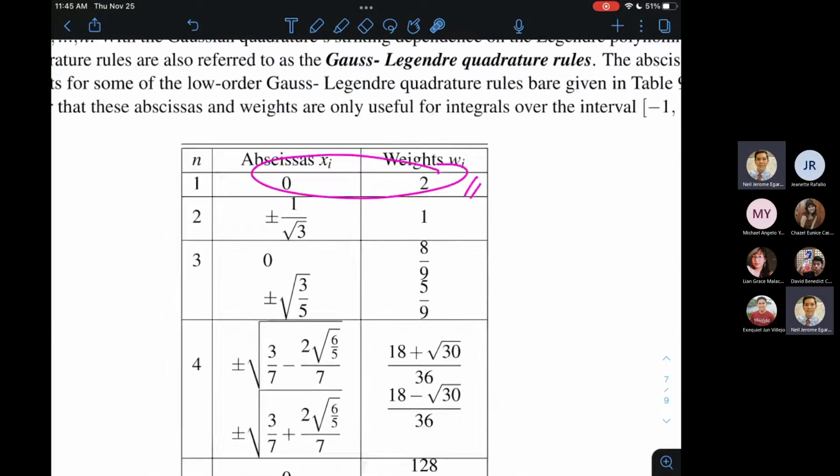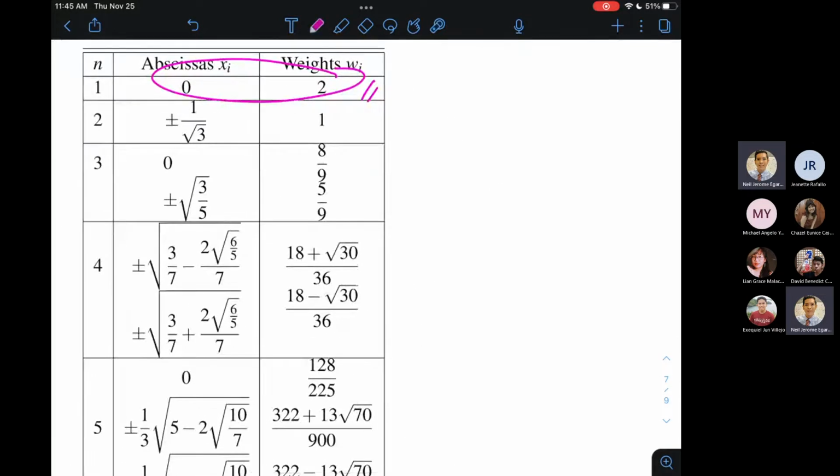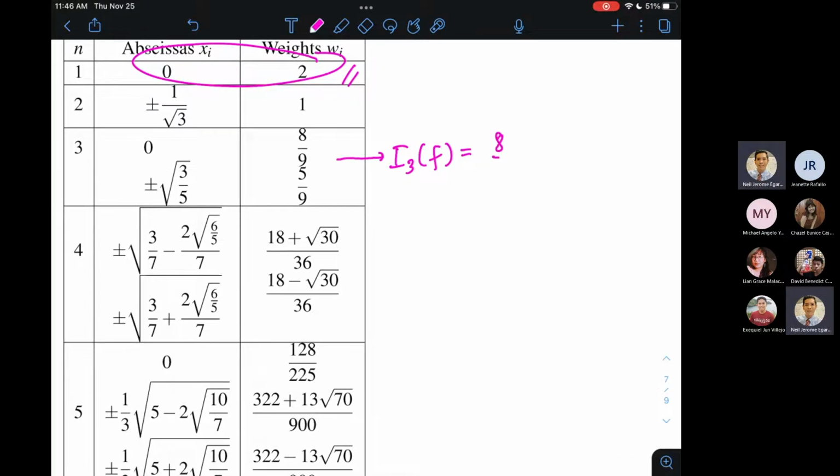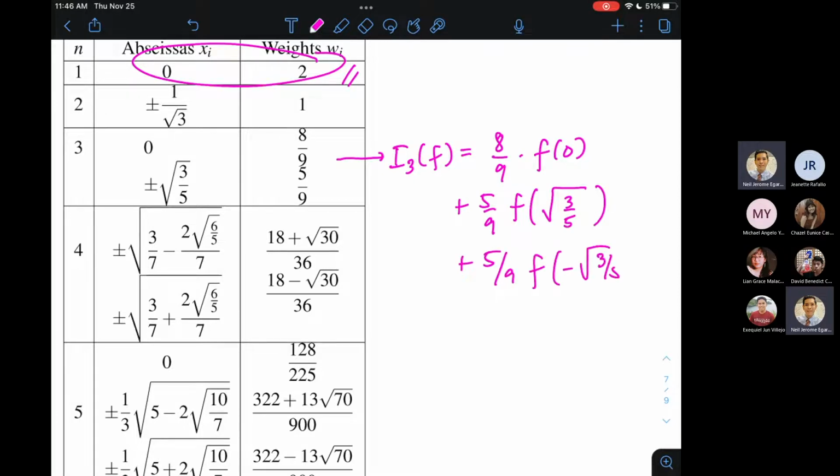So to build the 3-point Gaussian quadrature rule, I3 of f is equal to 8/9 times f of 0 plus 5/9 f of root of 3/5 plus 5/9 f of negative root of 3/5. That is, if you are approximating an integral from -1 to 1.